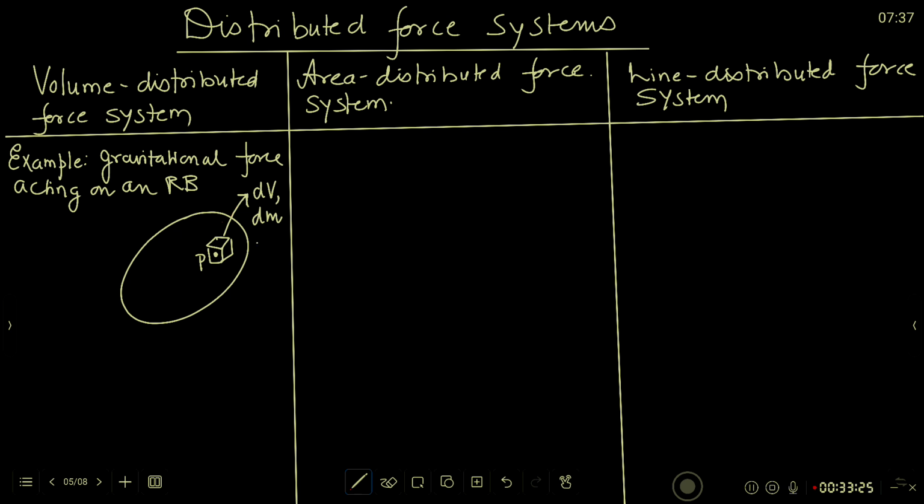Dm is actually related to dV. I can write that as rho times dV, where rho is the local density at that point.